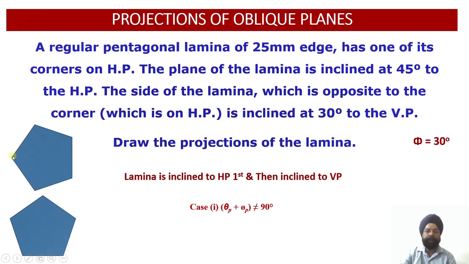So this is the correct orientation of the lamina which has to be drawn in the top view below the XY line, and this one is the incorrect orientation or position of the lamina.